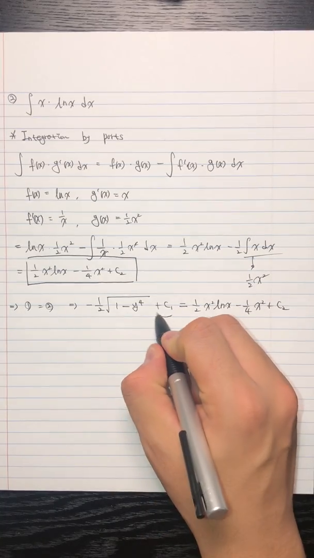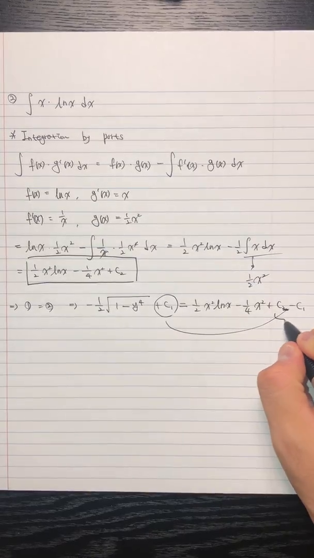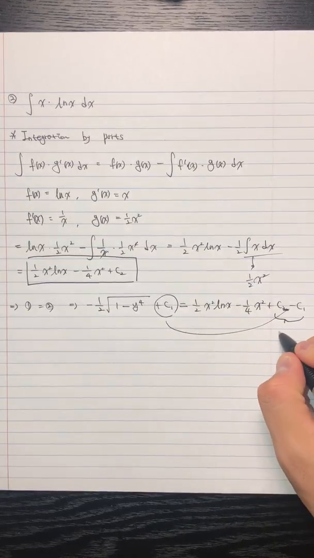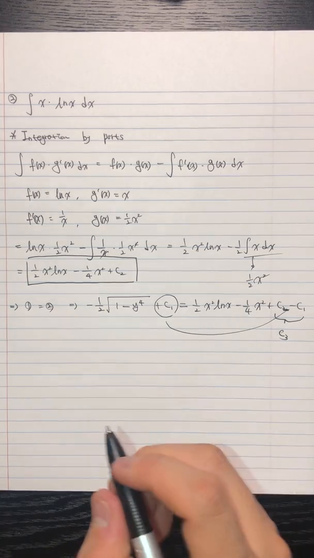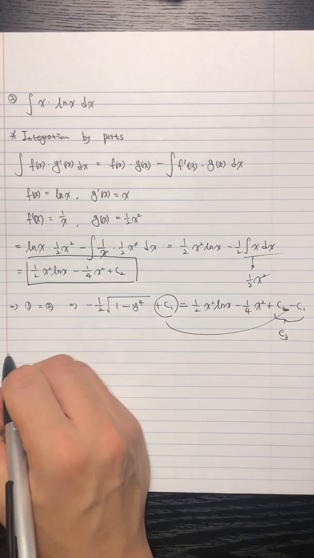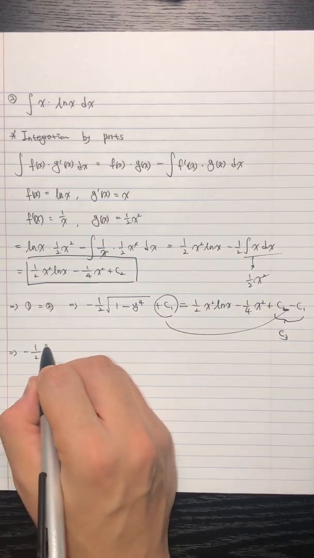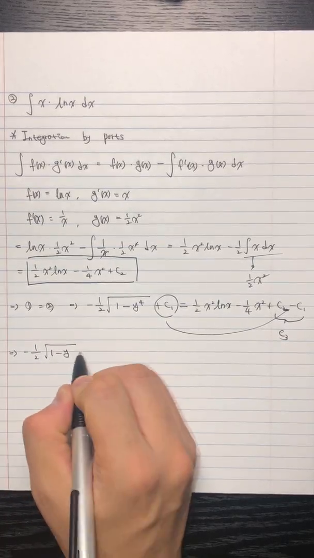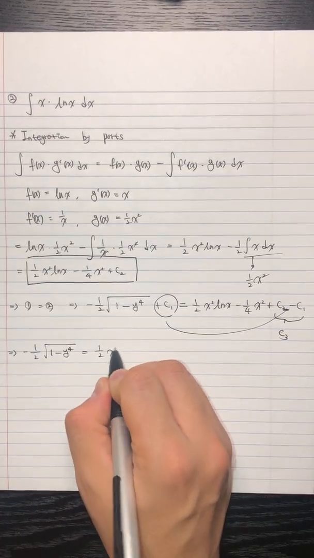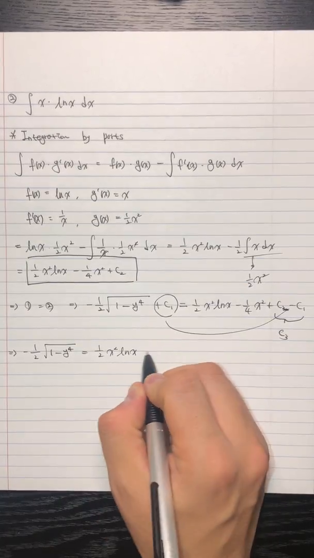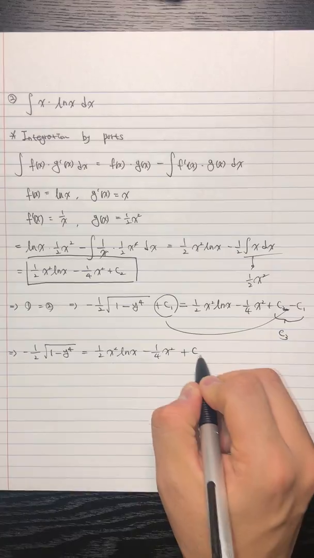Now we can move this to here, minus c1, and then we can call this whole constant c3. So minus 1/2 square root of 1 minus y to the fourth power equals 1/2 x² ln x minus 1/4 x² plus c3.